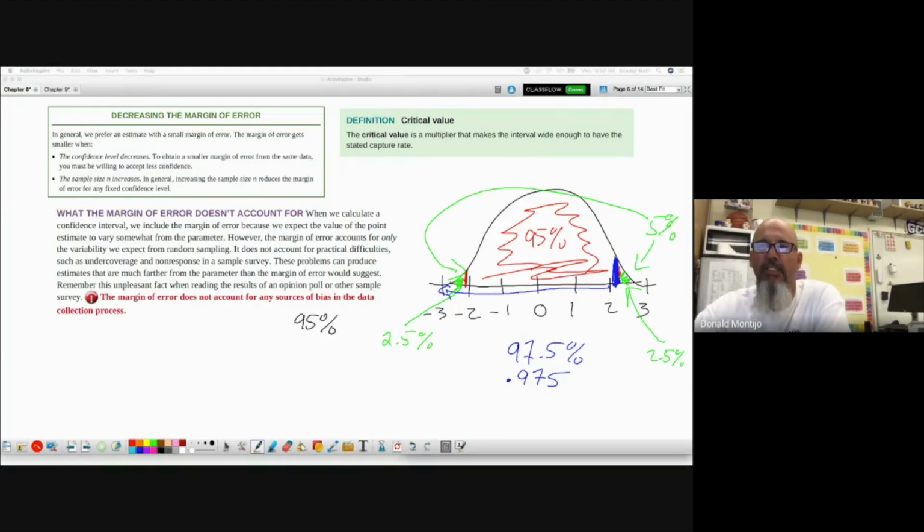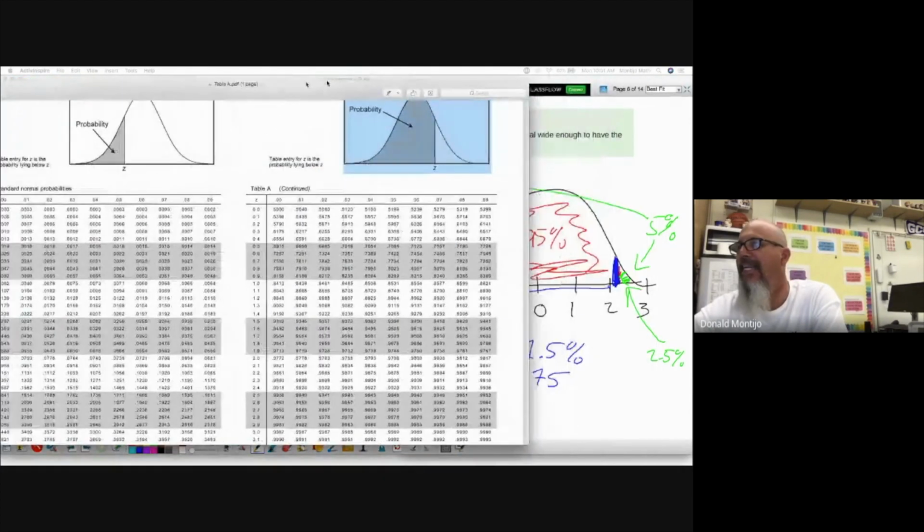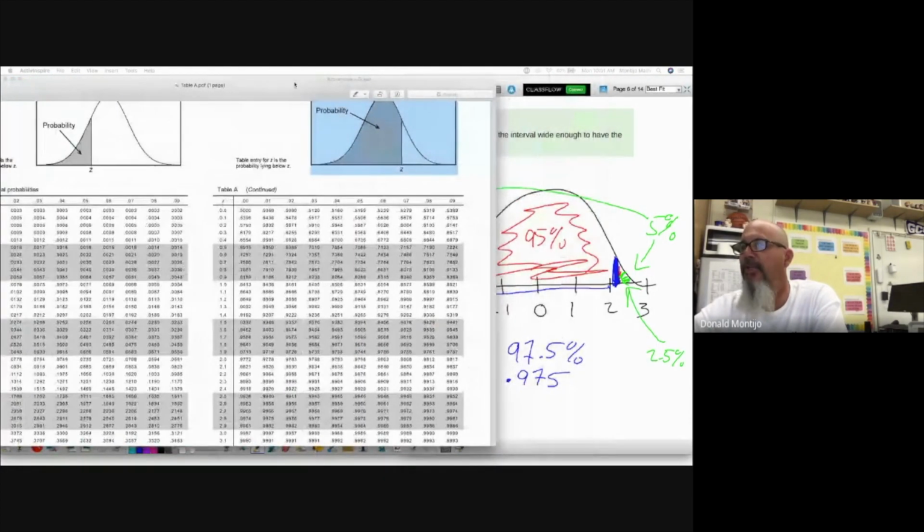Let's take a look at table A and see if we can use it to find that answer. All right, so I need to find 97.5%. If I look through this table here, where is 97.5? 97.19, 97.26, 97.5. Oh, that's 1.96.